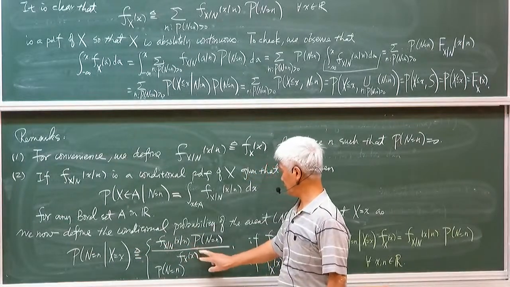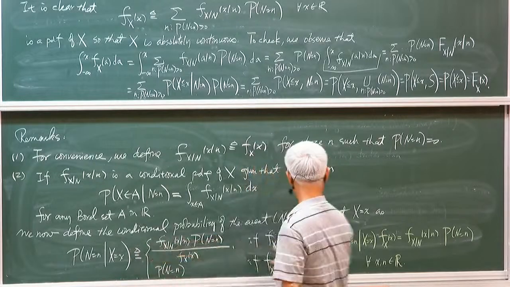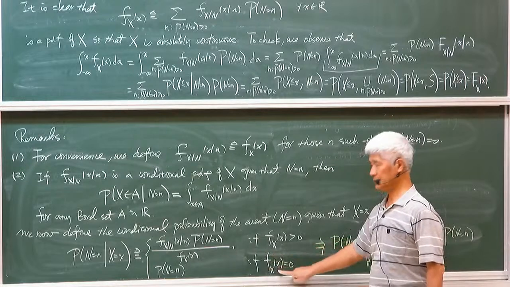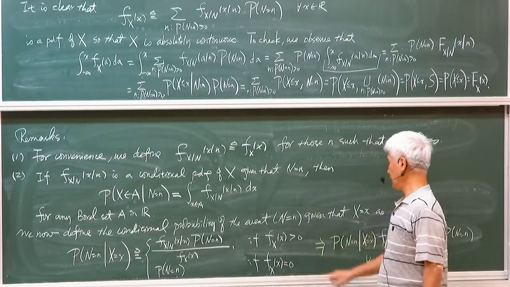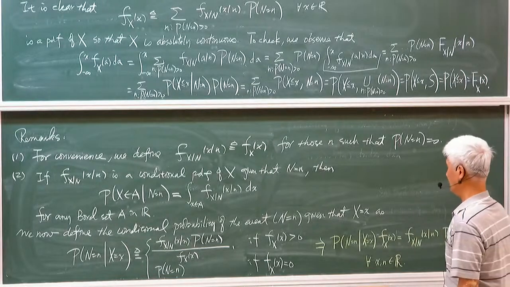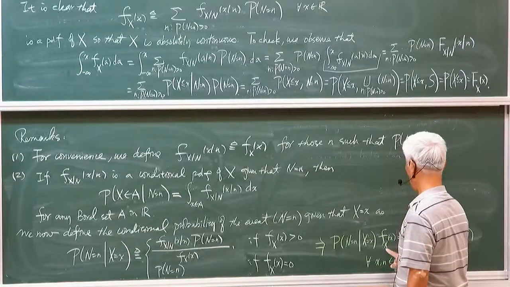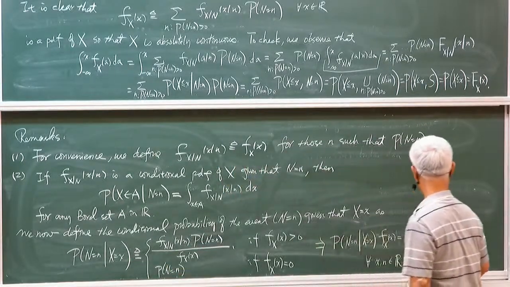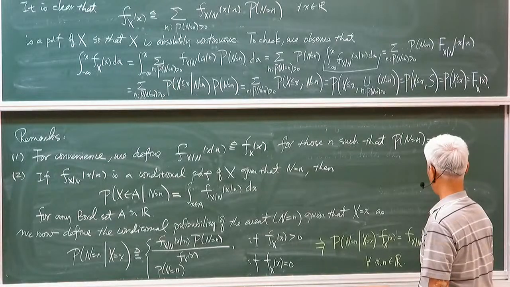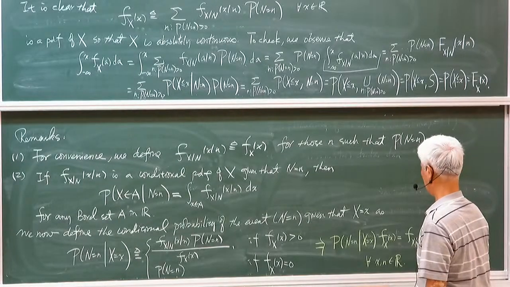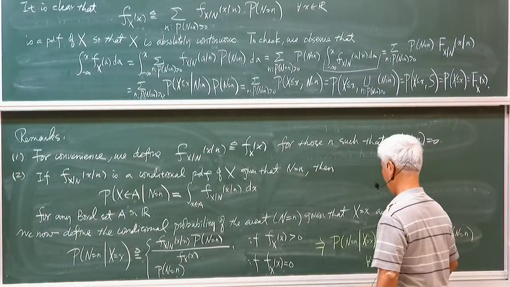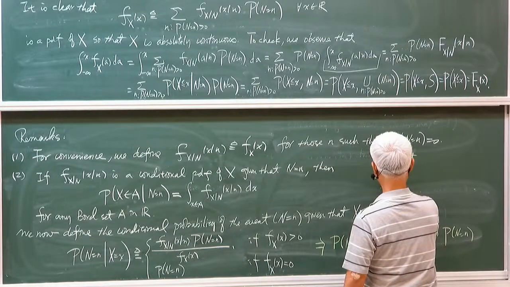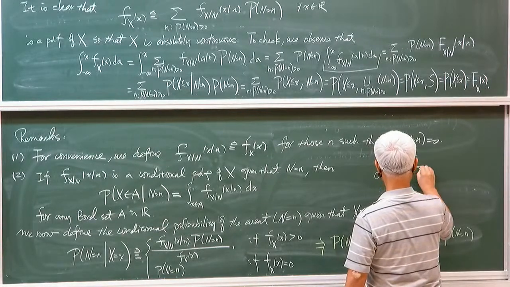So we move the denominator to the other side, and we establish the identity. The second case is when this is 0.